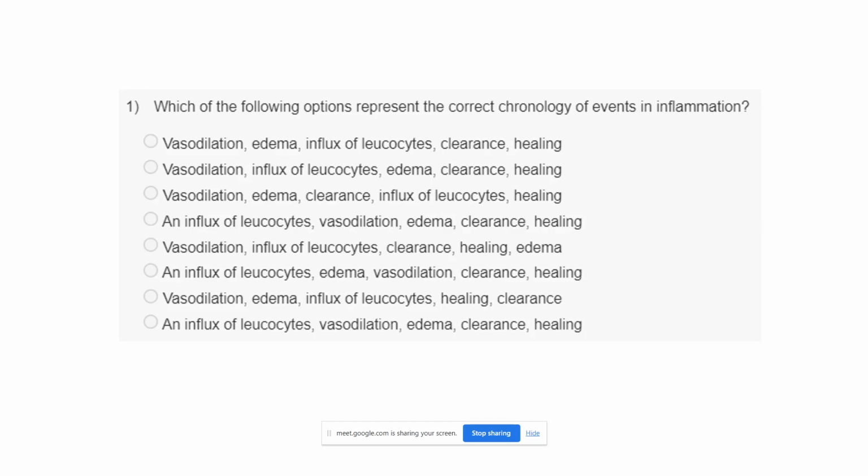What is the correct chronology of events in inflammation? Anyone else has any other option other than second and fourth?